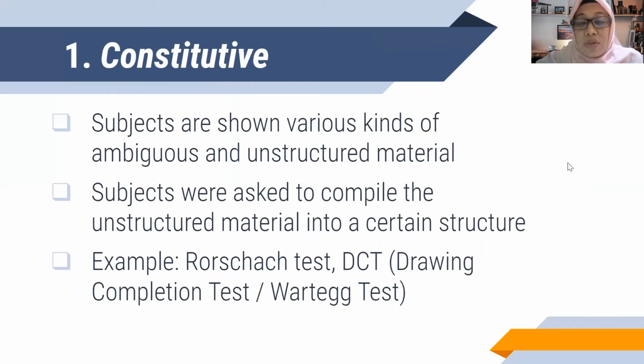For example, in the Rorschach test, maybe you already know some part of the Rorschach card. The Rorschach card shows us ink blots, with no certain pattern or image that we can precisely see on the card.